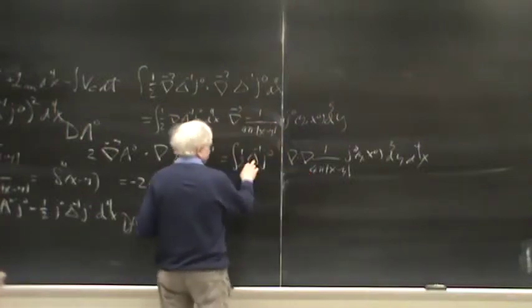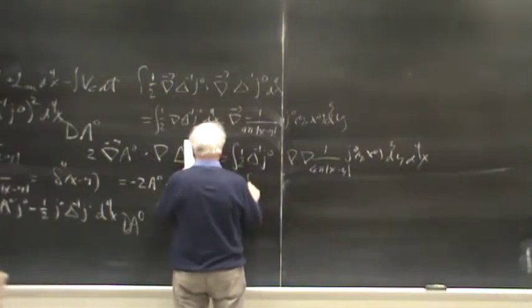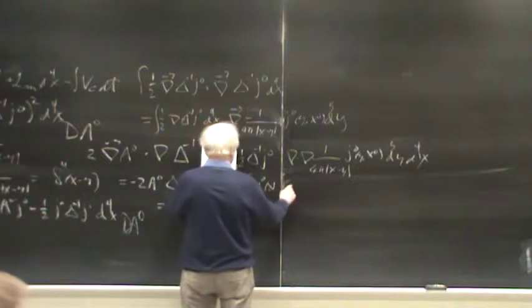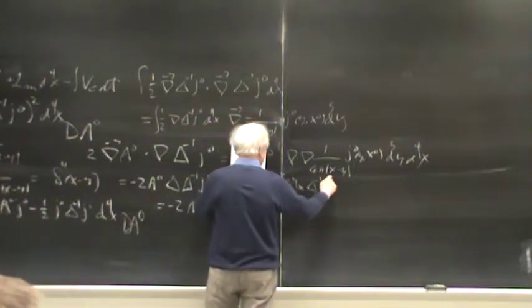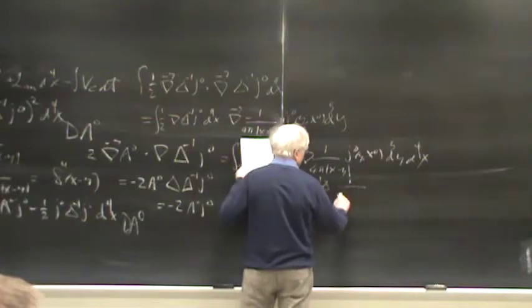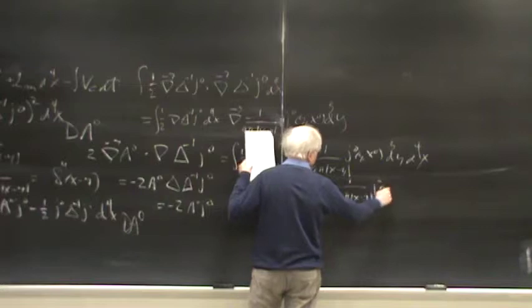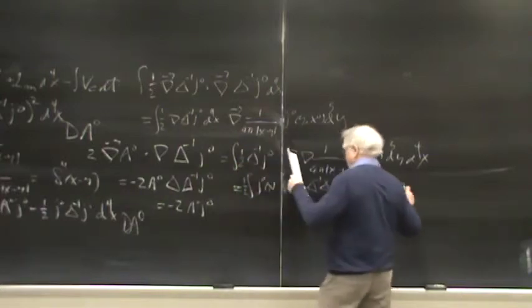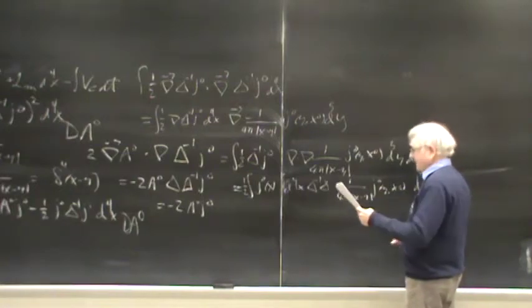We now have the inverse Laplacian. We integrate by parts and cancel Laplacian. So this is 1/2 J0 of x d4 x inverse Laplacian 1/4 pi x minus y J0 y and x0 d cubed y.